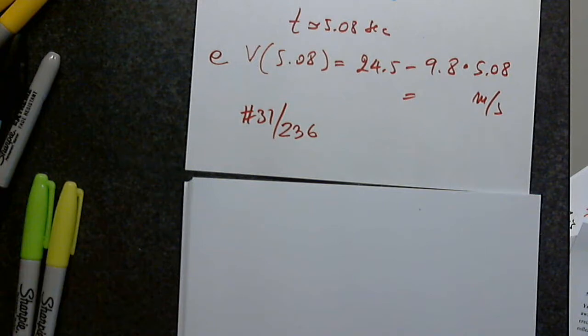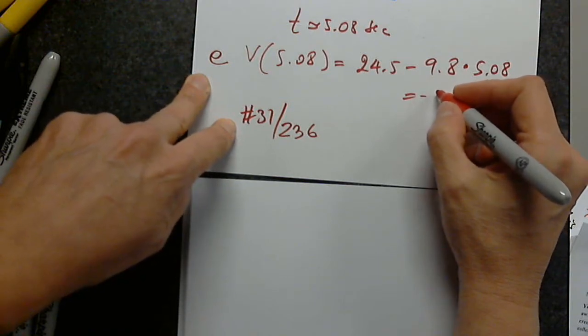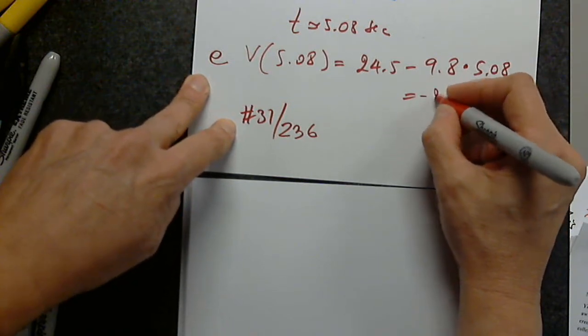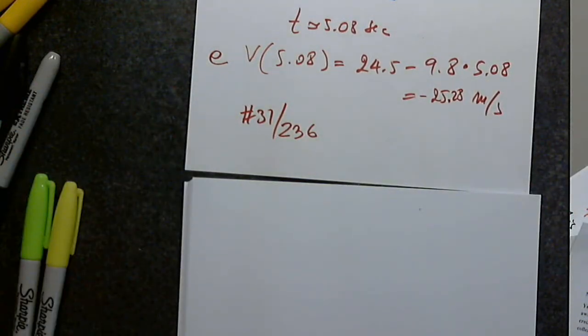Negative 25.28. The reason why it's negative is because we throw it in a positive direction of the speed, and then it's a negative direction of the speed.